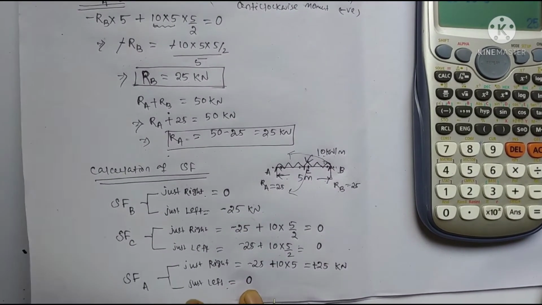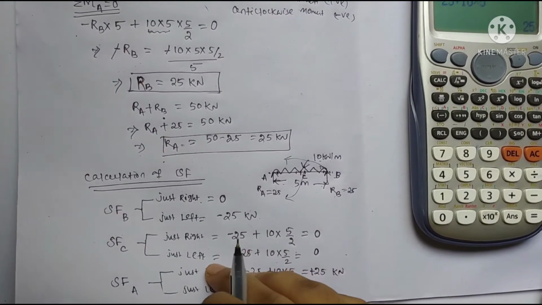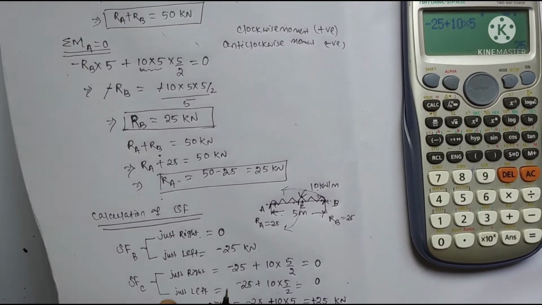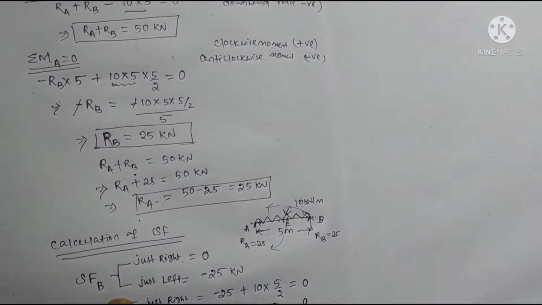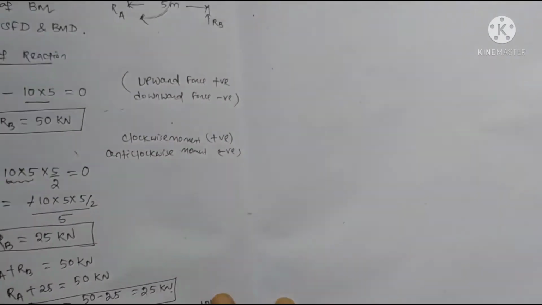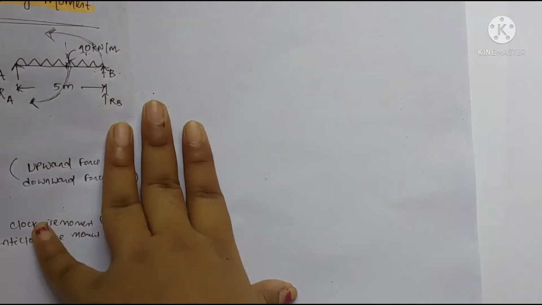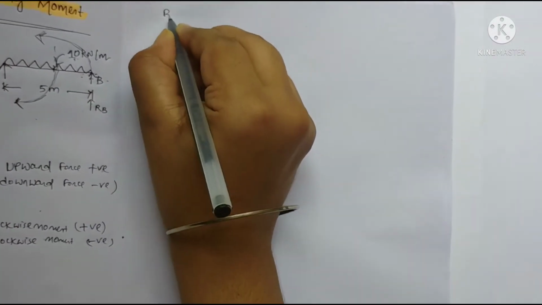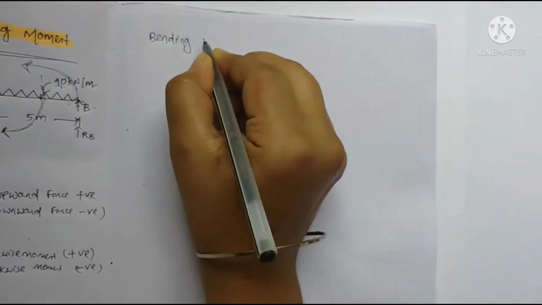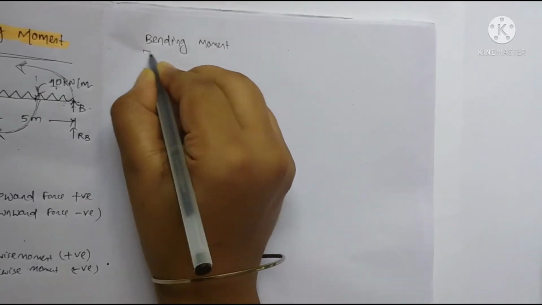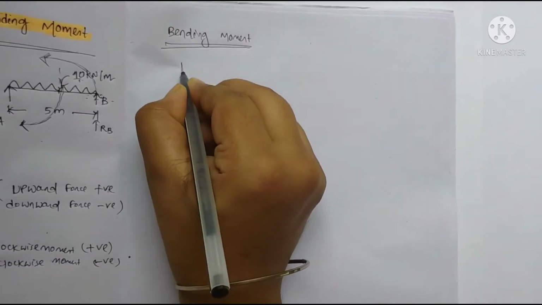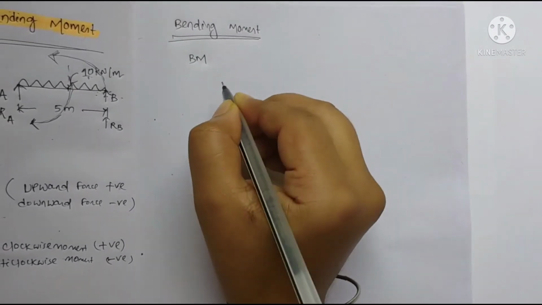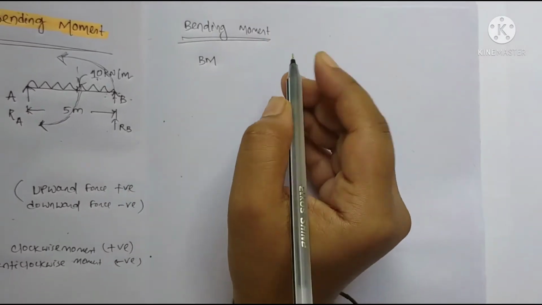Then we move to our next step, that is calculation of bending moment at each point. Bending moment calculation. Bending moment will be calculated only at each point, not just left and just right of the section.